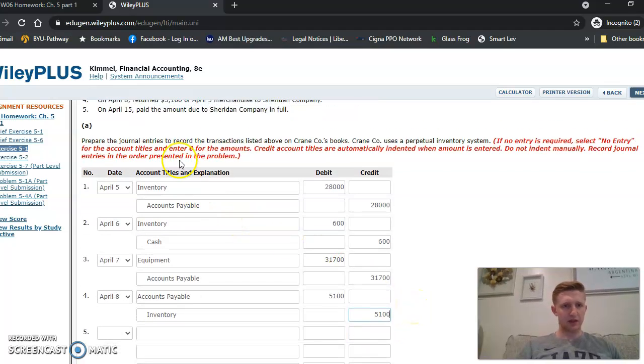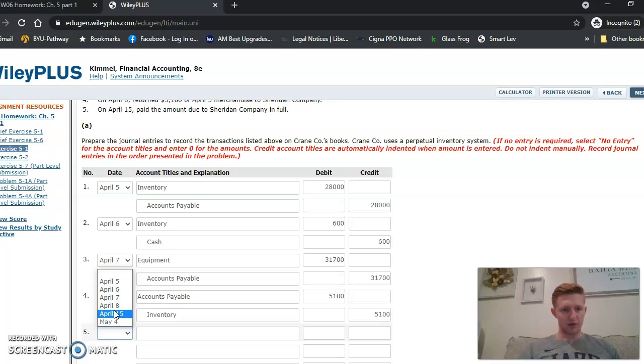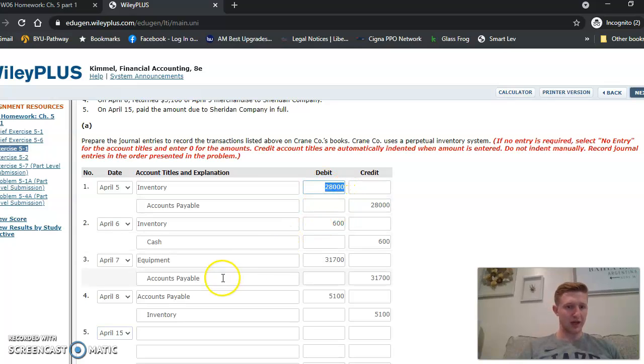And then the fifth item here says on April 15th, they pay the amount due to Sheridan Company in full. So first here we have to determine what the amount is that they still owe Sheridan Company on April 15th. So if we go back to where we started, they initially owed them $28,000. And then on April 8th, they returned $5,100 worth of inventory. So that reduced that accounts payable.